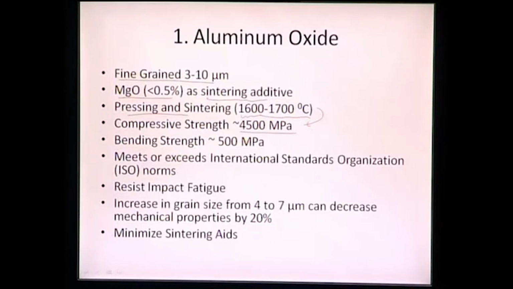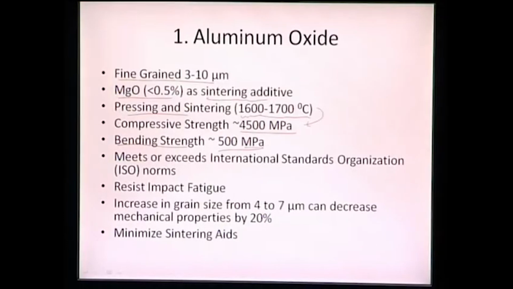Since it's a ceramic, it has very good compressive strength, but not that good tensile strength. Generally all these implants are under compression, so aluminum oxide can show very good compressive strength. It has a bending strength of around 500 megapascals.